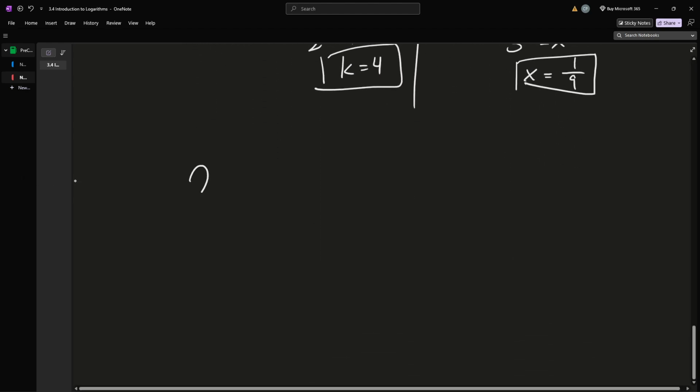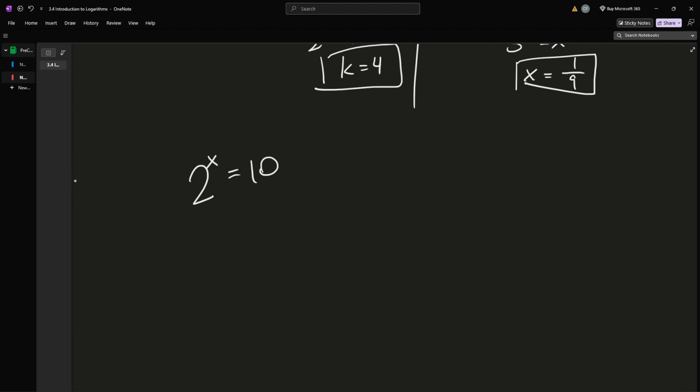Like 2 to the x power equals 10. 2 to what power is 10? I have no idea, because when we do powers, 2, 4, 8, 16, this is 2 to the first, second, third power, to the fourth power. I see in between 3 and 4, it becomes 10. I can't just guess, oh, it's 3.2.